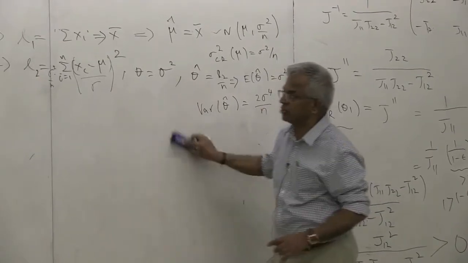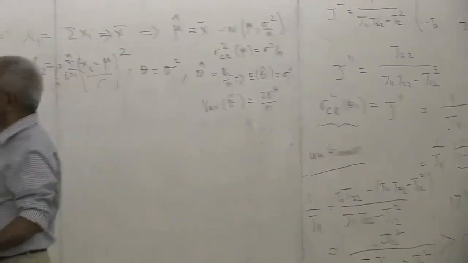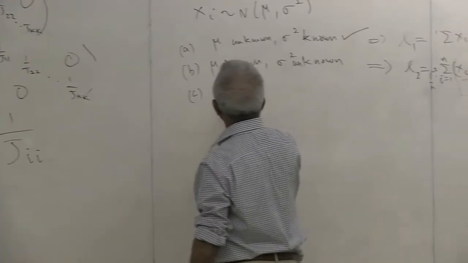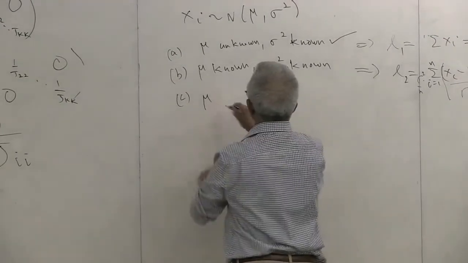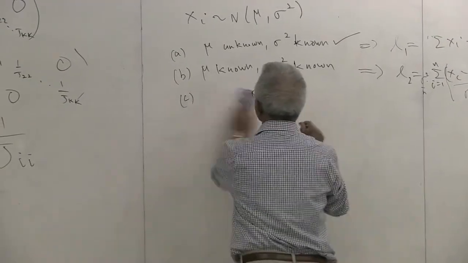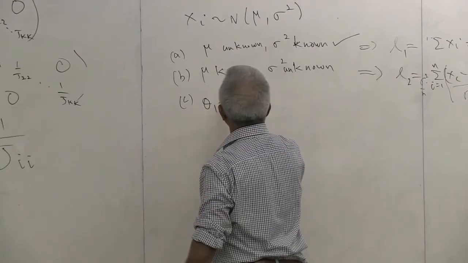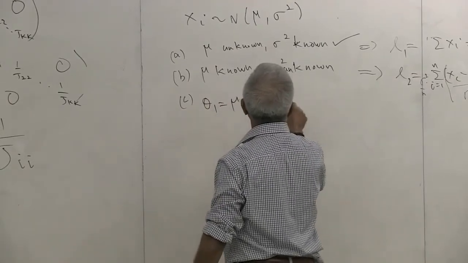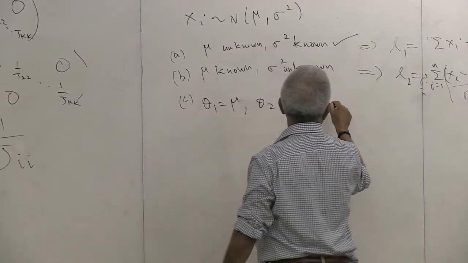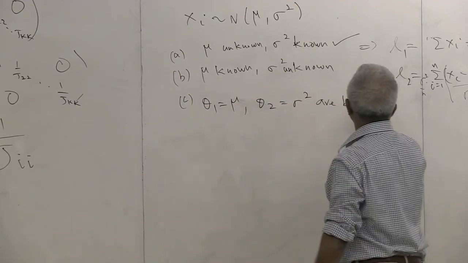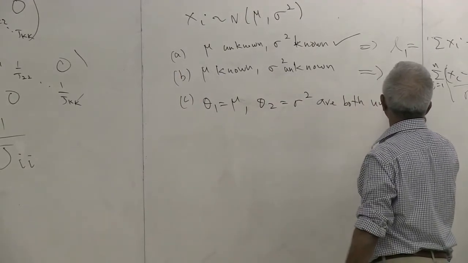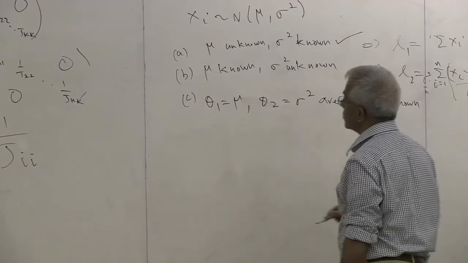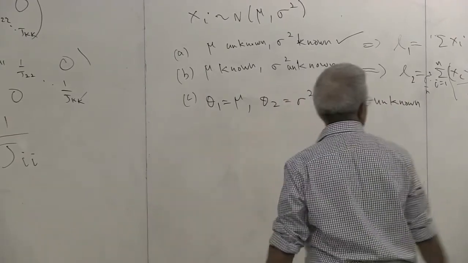But here comes the problem. The next problem is the homework. One homework. So you have two unknowns. Theta 1 is mu and theta 2 equal to sigma squared.